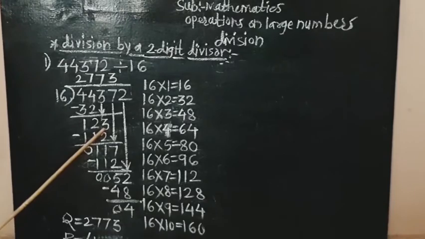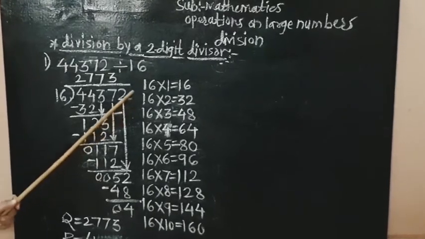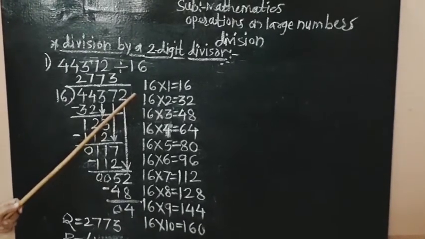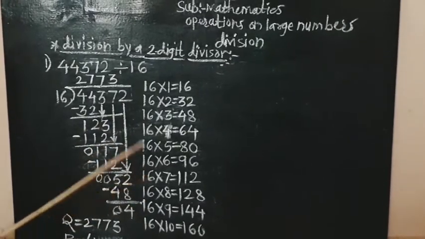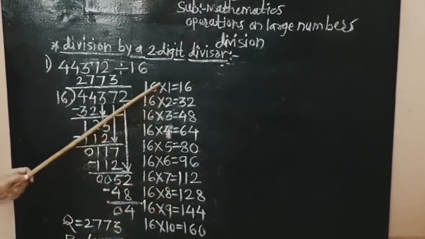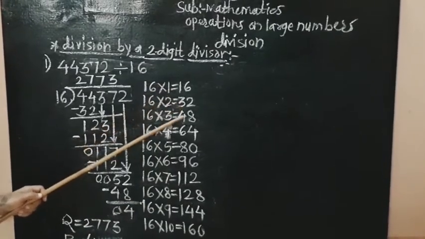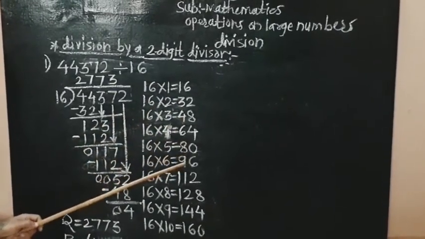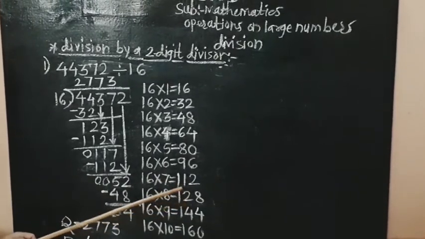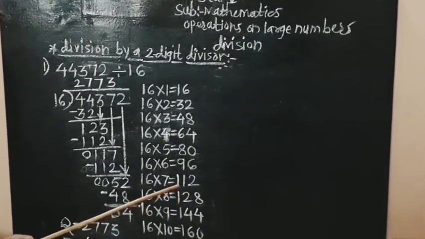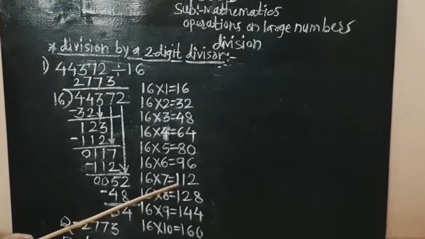So let's see which number is smaller than 123 in the 16 table. We need the smaller and nearer number. You can see the 16 table: 16, 32, 48, 64, 80, 96, 112 and 128. We got two numbers nearer to 123.